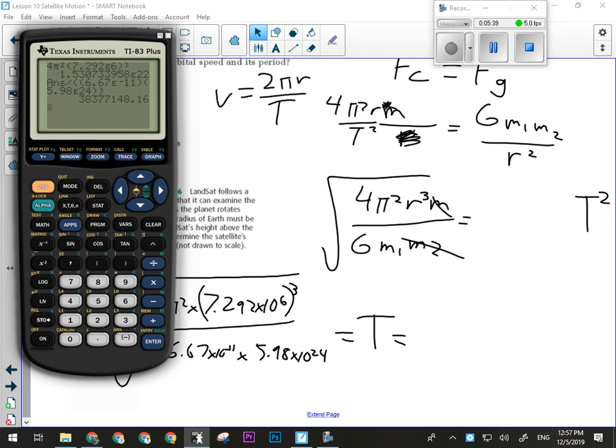Okay, and I have to square root that. All right, so it takes 6.19 times 10 to the 3. What are my units for this? Seconds, yeah. It takes just a little over 6,000 seconds for it to make one complete orbit of the Earth. All right, that's what, an hour and a half? Something like that.